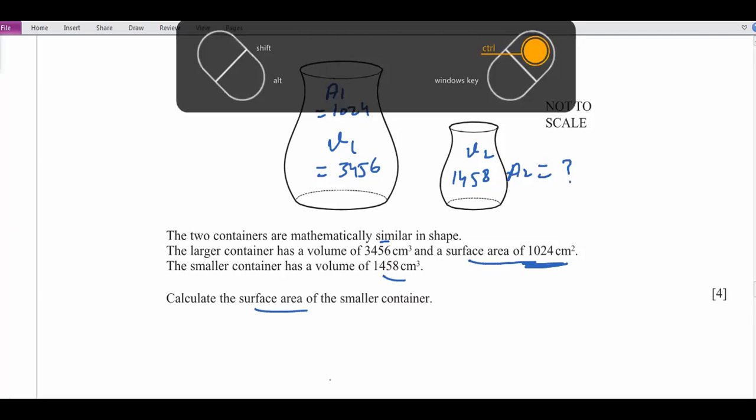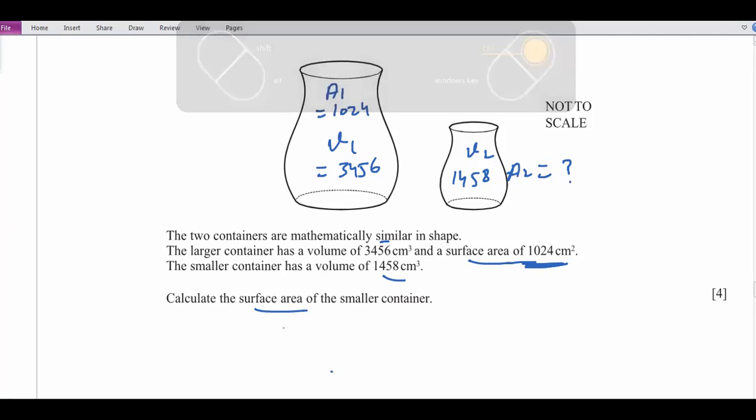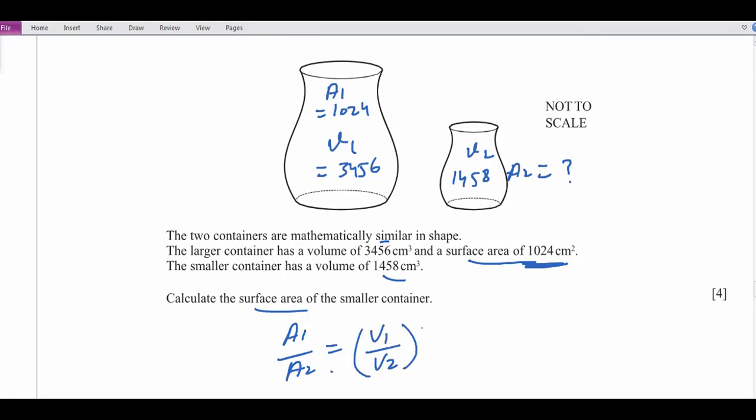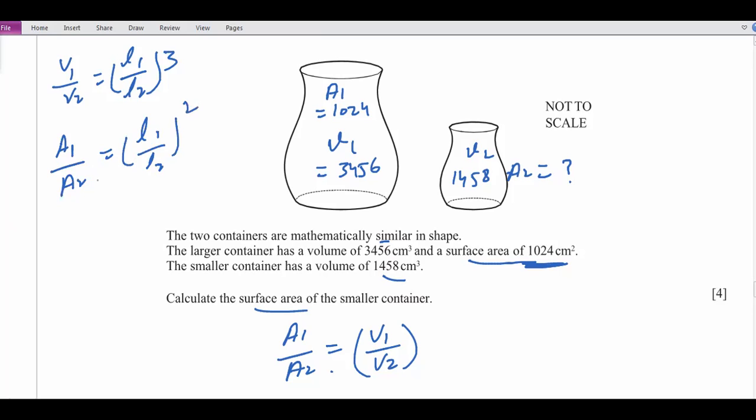So remember we write the formula relation between the area and volume also. We can say V1 over V2 is L1 over L2 cubed, and A1 over A2 is L1 over L2 squared.